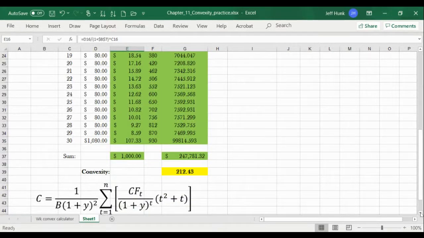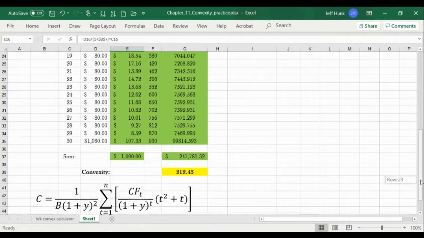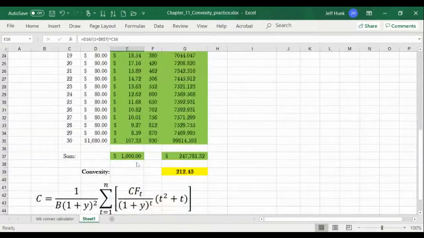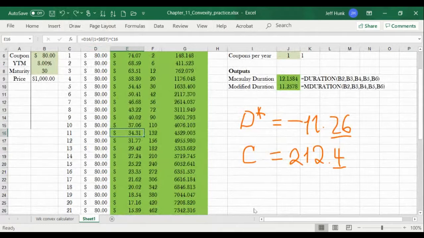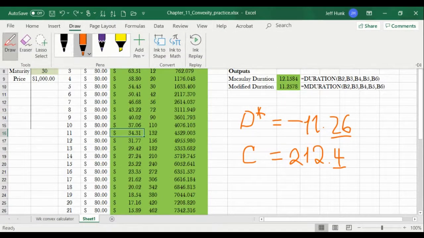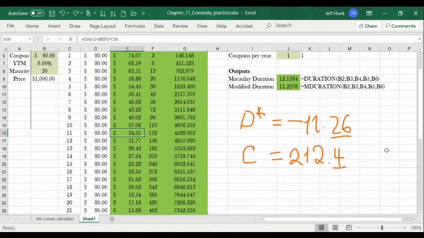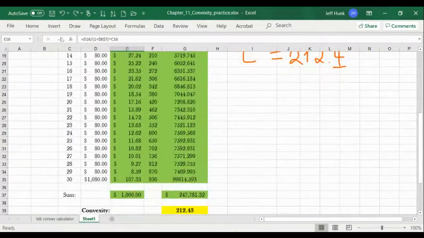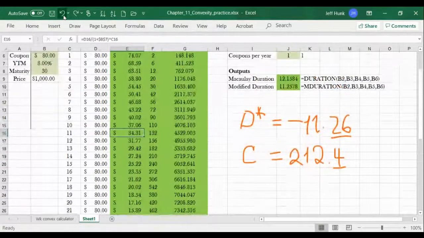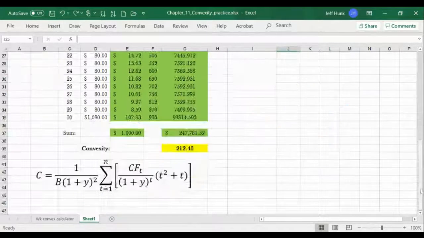So the sum of all these discounted cash flows comes to 1,000, right? Okay. Everything is fine. There was one more red dot, so I got rid of that.